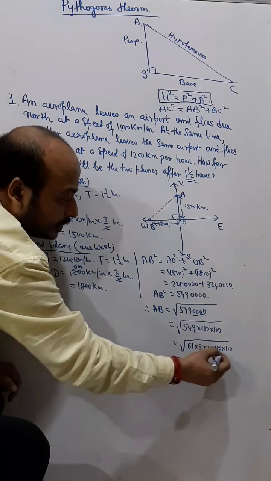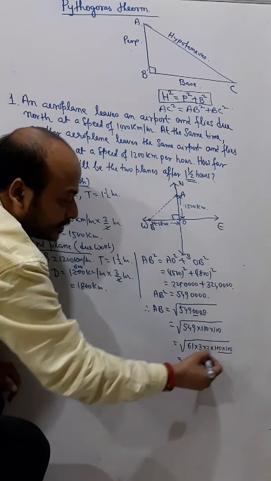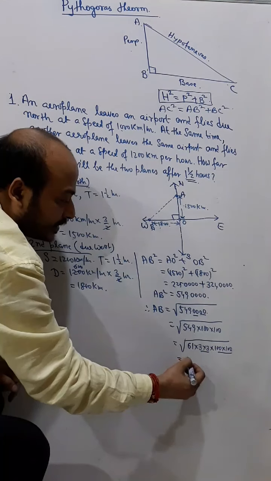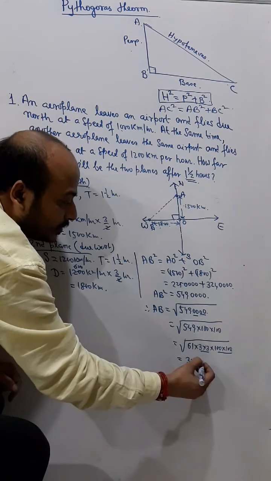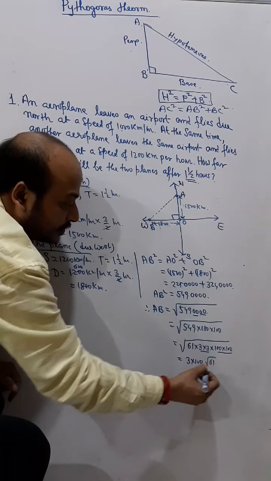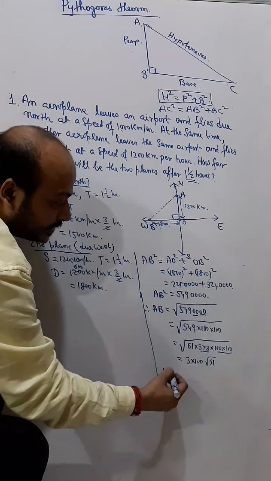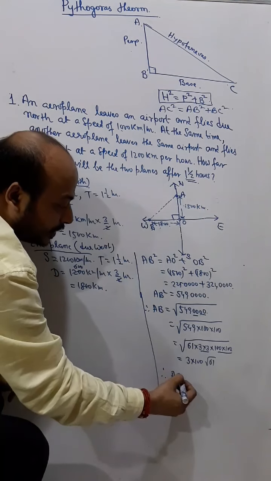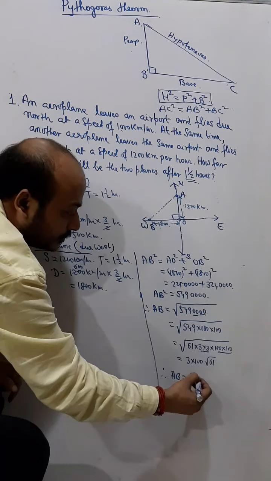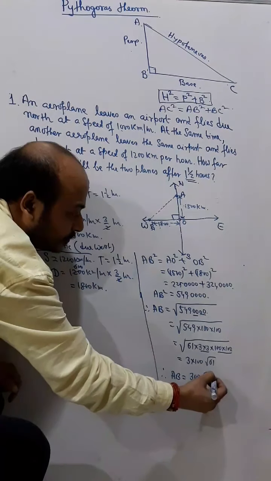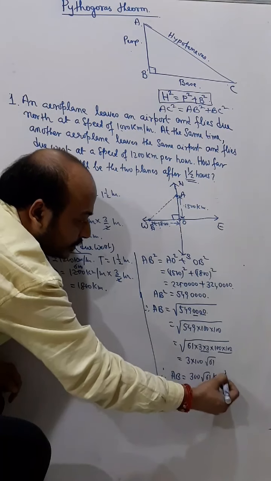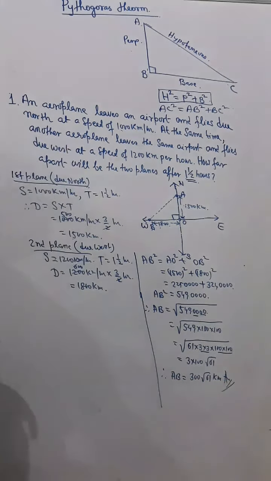So finally, taking out the pairs, we get 3 into 100 outside and 61 inside. Therefore AB is equal to 300 root 61 kilometers, and that is the answer. Okay, understand?